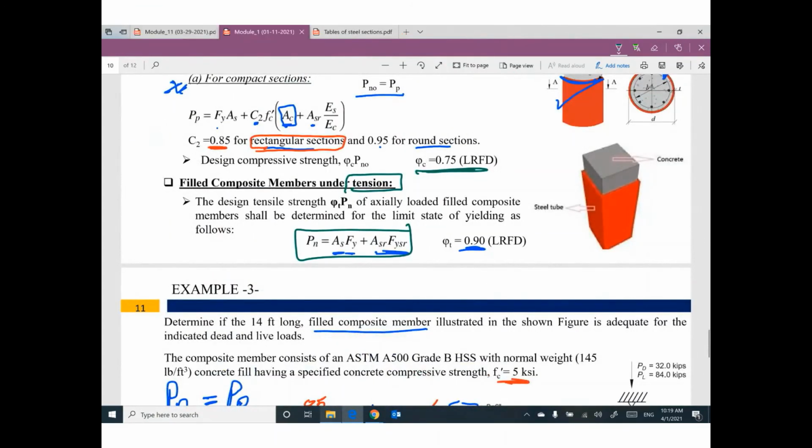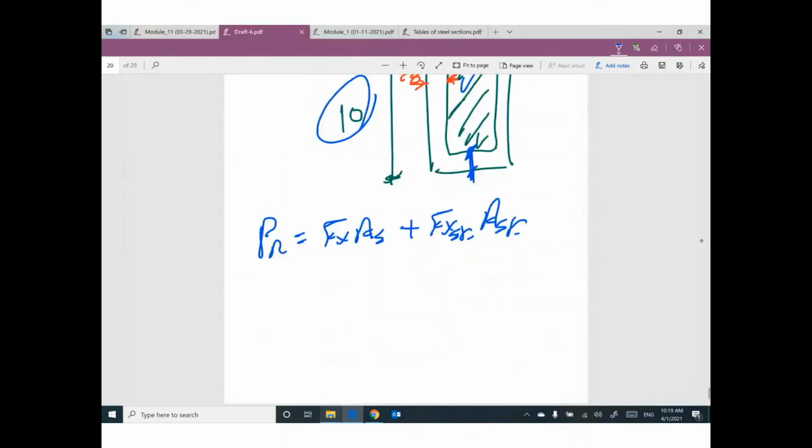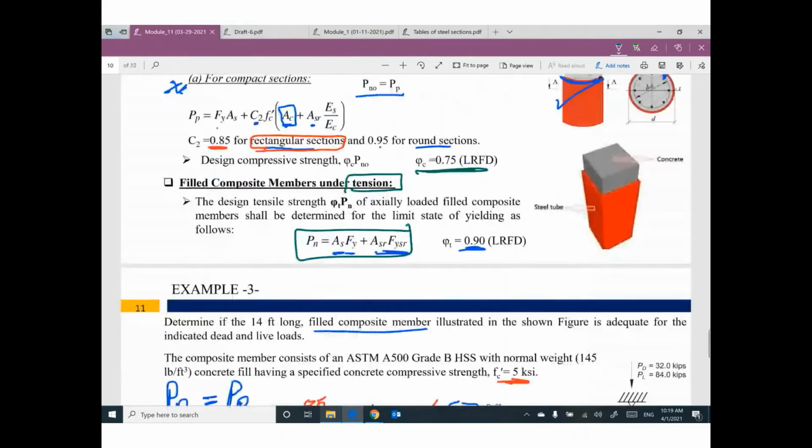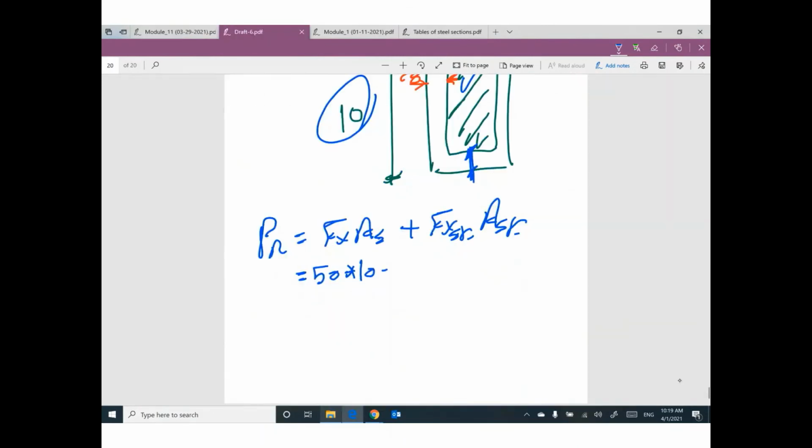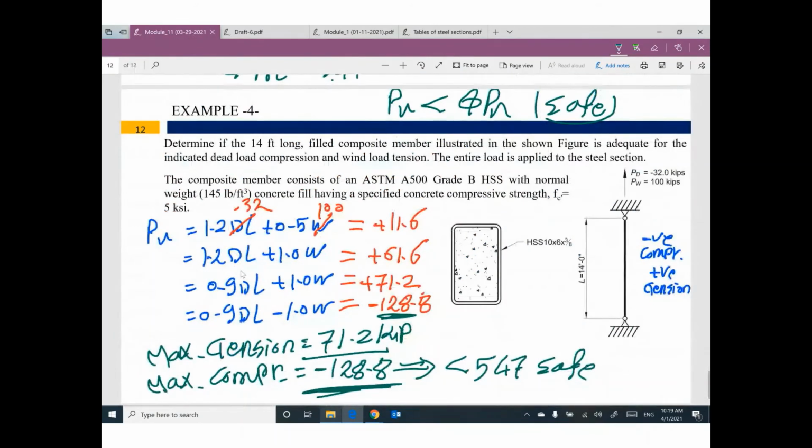Very easy. So F yield 50, area steel, how much? For this cross section, 10.4. Do you have steel reinforcement? No, we don't have steel reinforcement in this column. We have only concrete and the steel tube.